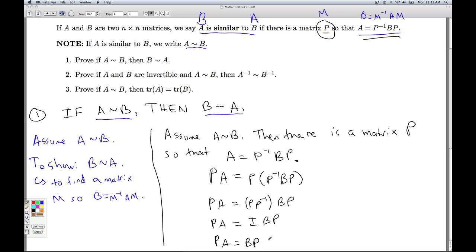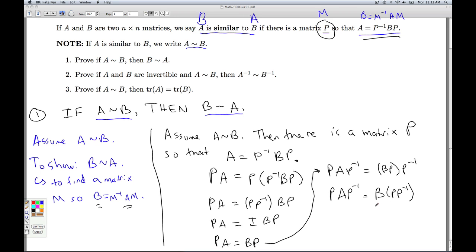Now what I can do is multiply both sides on the right by P inverse. Once again, I'm solving for B, because I've got to solve for B in terms of A. Using associativity again, I get the identity again.